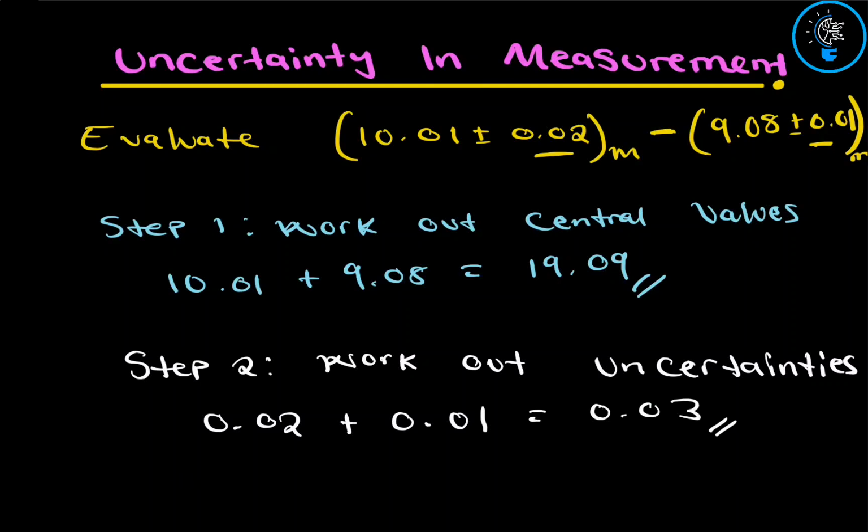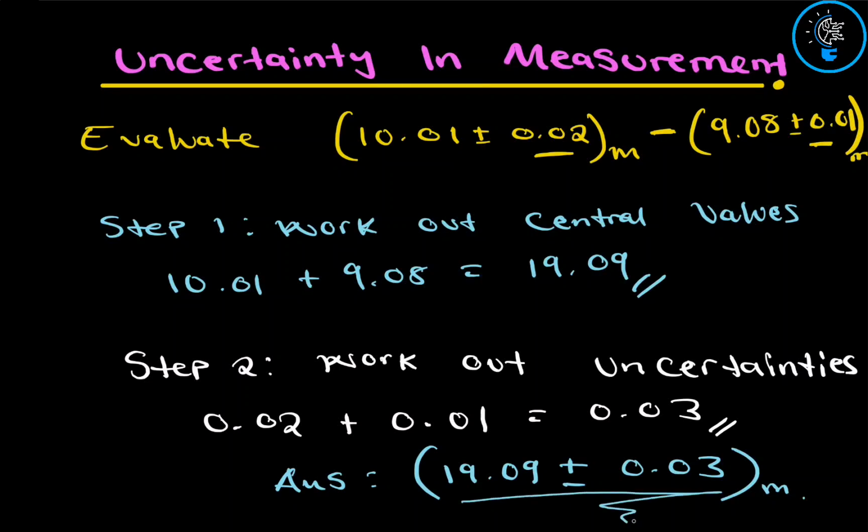Then your final answer can be written as 19.09 plus or minus, then you include your absolute uncertainty 0.03. Don't forget to include the units, which is meters. So that's how you solve a question of this kind.